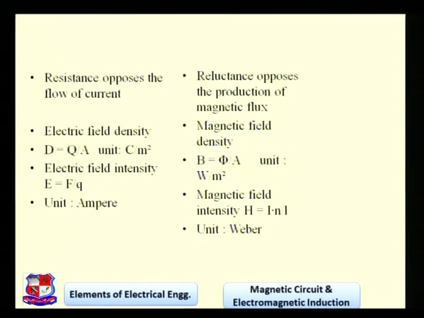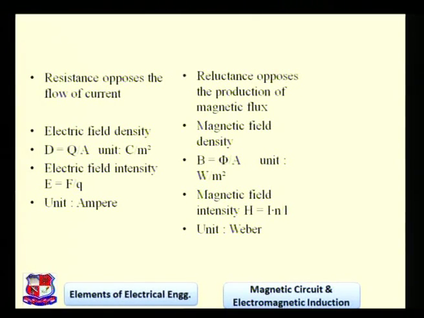After that we have another similarity, electric flux density. Electric flux density is equal to Q into A, it means the charge into the area, and the magnetic flux density B is equal to phi into A. After that, electric field intensity. Electric field intensity is equal to F into Q, it means force into the charge.